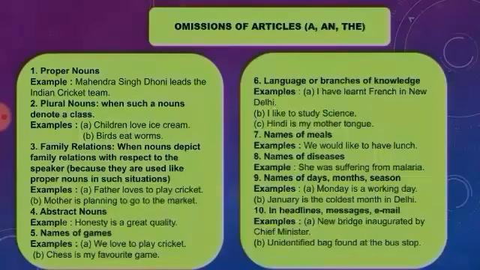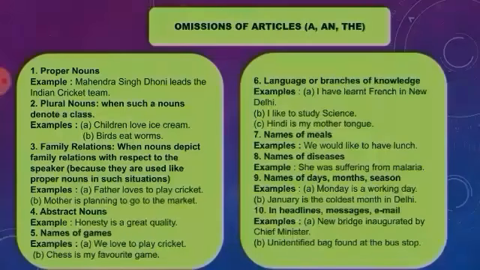Tenth, in headlines, messages, email. Examples: new bridge inaugurated by Chief Minister. Unidentified bag found at the bus stop. Students, this is the tenth kind of omission of articles, where we don't use an article in headlines, messages, email.